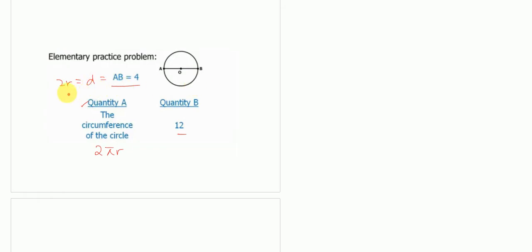So the diameter is twice of r, and we have 2 times r in our expression under A. For convenience, you can write 2r pi, or replace 2r with its value 4. So we get 4 pi over here. Under B we have the number 12, we can write it as it is.